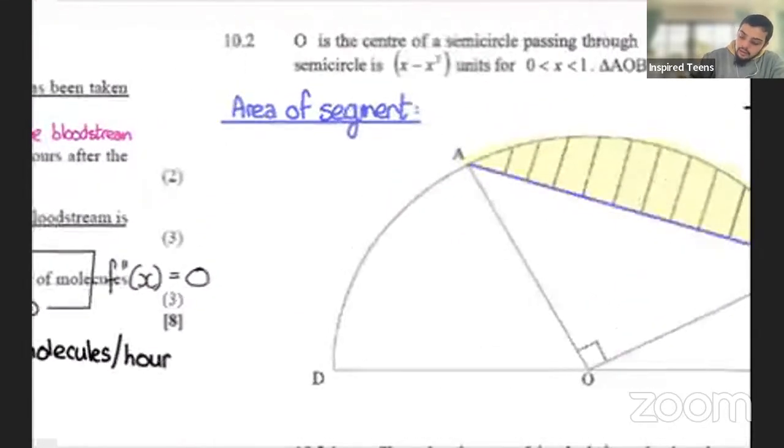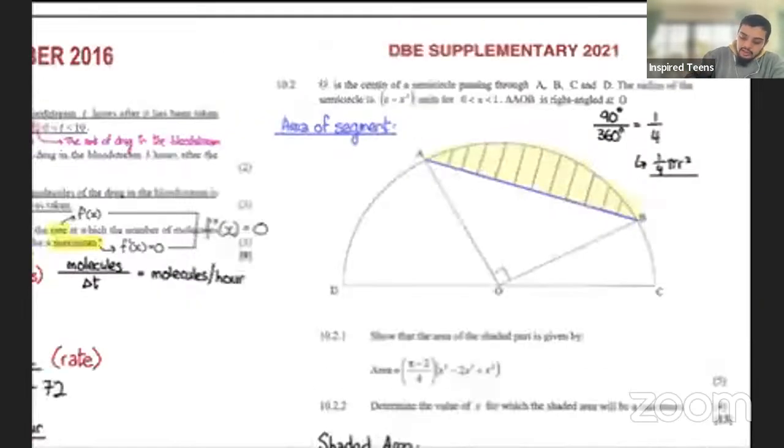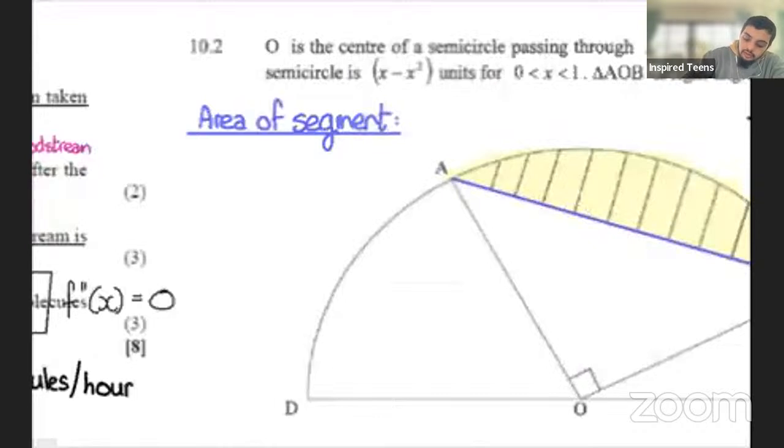And the area of the segment, which is what we want, the area of the shaded. Actually, let's not use segment, let's use shaded, because that's what they want us to calculate.